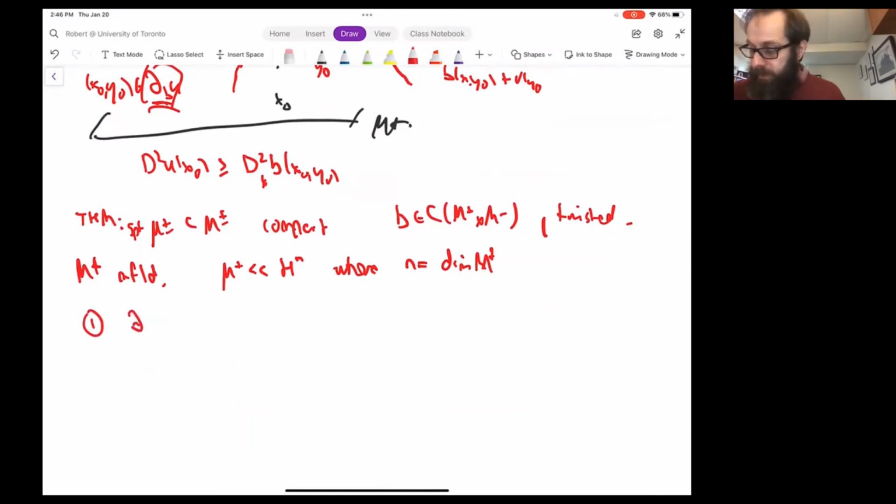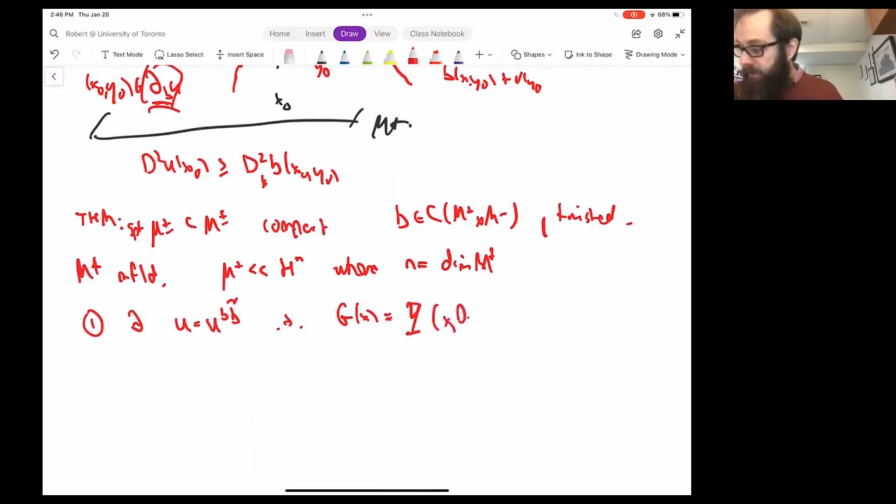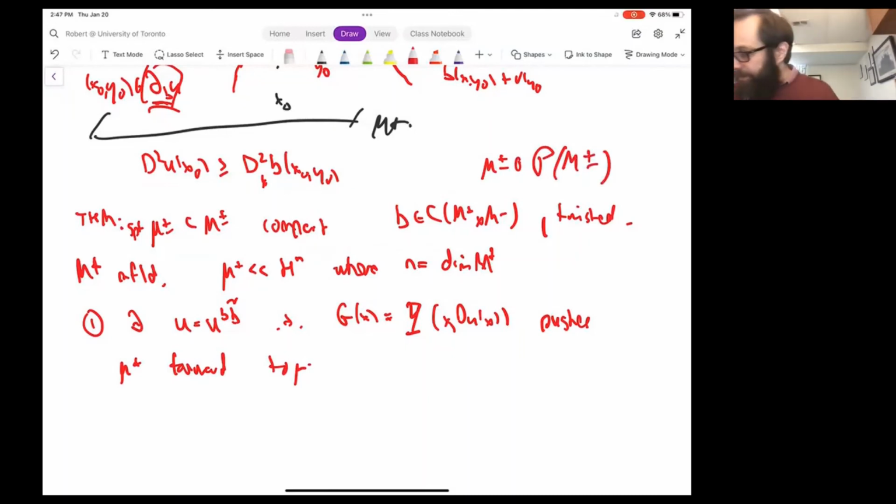There exists u equal to its own second transform, so B-convex in other words, such that the mapping G given by capital Y of x, du of x pushes mu plus forward to mu minus. Right here, obviously, sorry, I should have said mu plus and minus are probability measures on the polar spaces M plus and M minus.